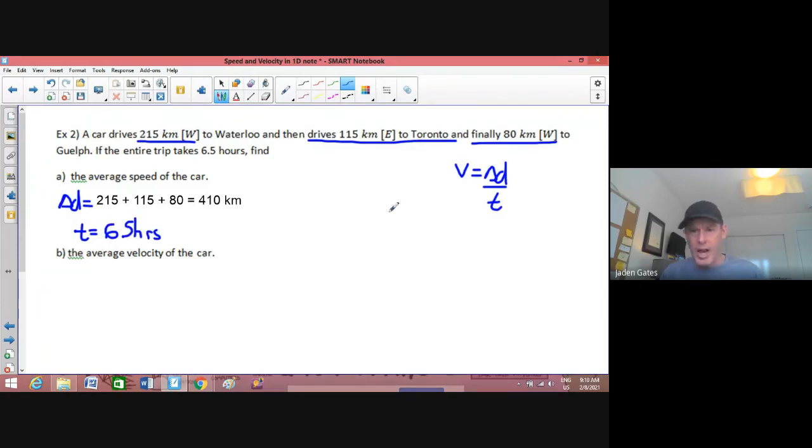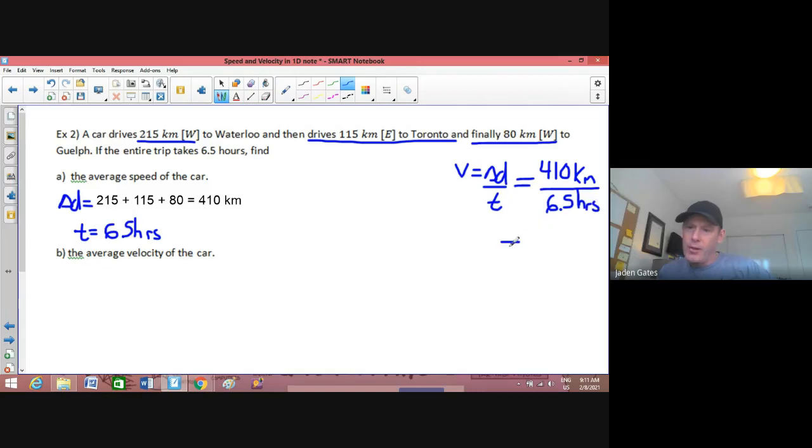Now I can substitute into my formula here. I know my delta D is 410. And the weird part is when I say delta D, that could mean distance or displacement. It all depends on the arrow. The arrow tells you what I'm talking about, just like speed and velocity. They're both v. My time here, I'm going to plug in 6.5 hours.